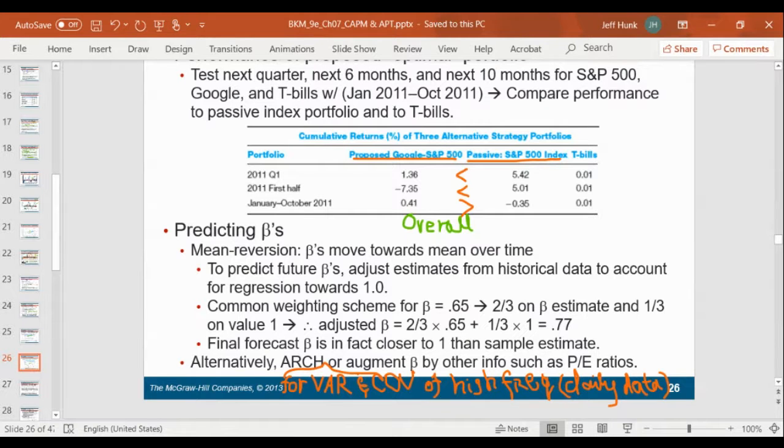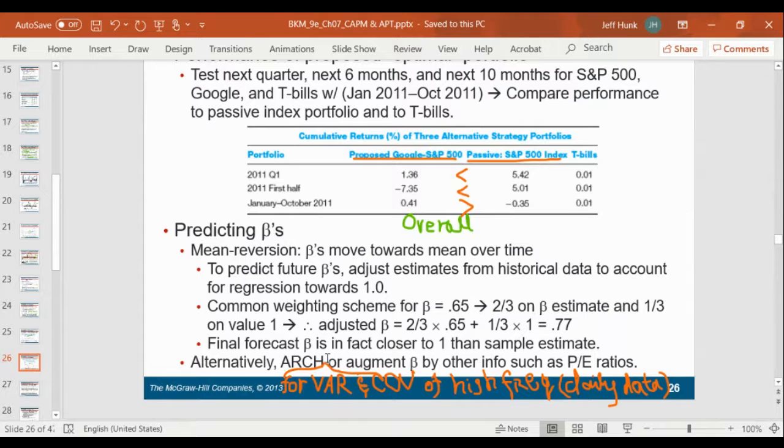A better regression model is called ARCH, and you have to take econometrics to learn all these regression techniques. ARCH stands for autoregressive conditional heteroscedasticity model, right? Autoregressive means there's autocorrelation in a time series. You are making adjustment for that autocorrelation, and conditional heteroscedasticity.